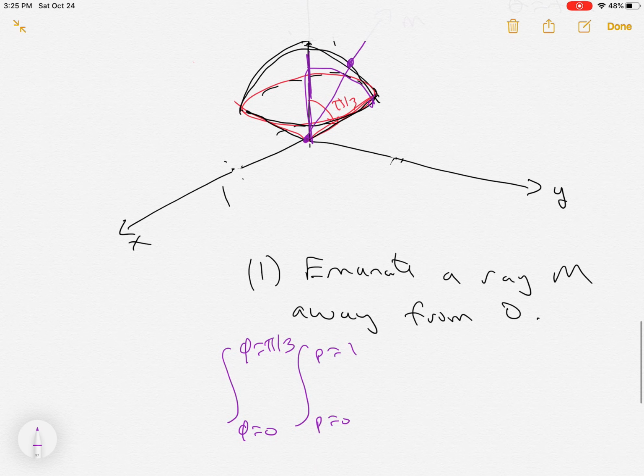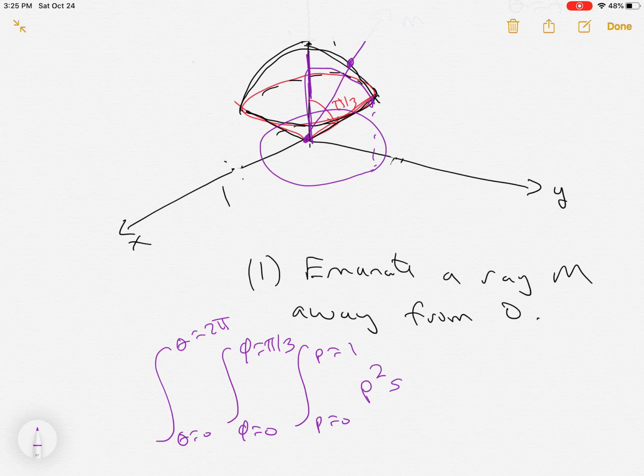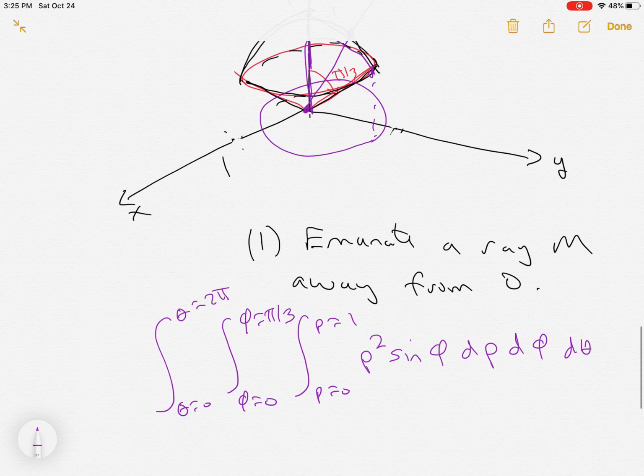And then lastly, if you project this thing down, theta goes from 0 to 2 pi. And then we put in our integration friend, and then we have d rho, d phi, d theta.